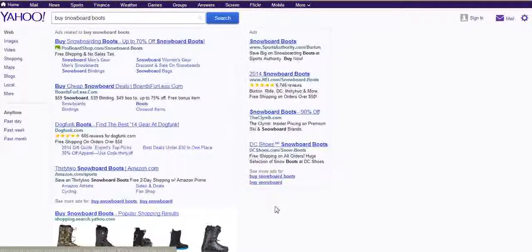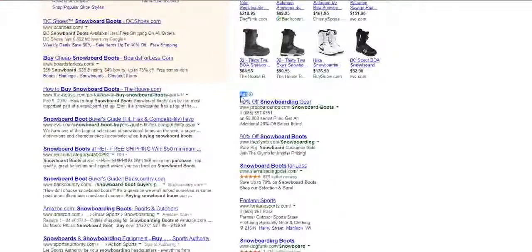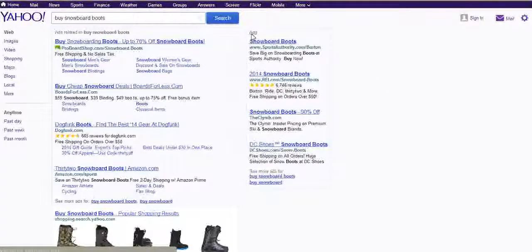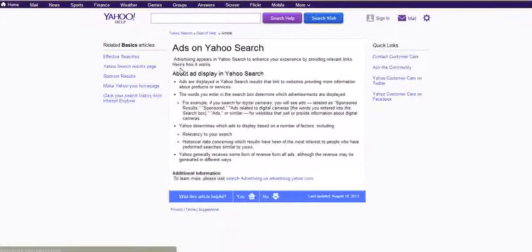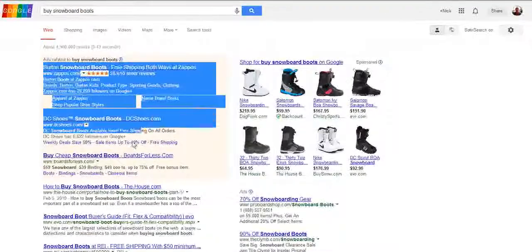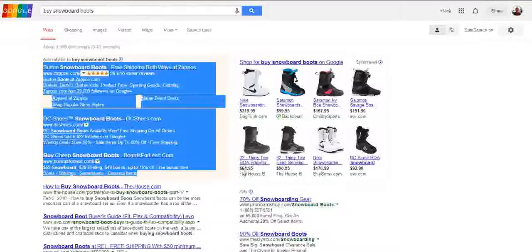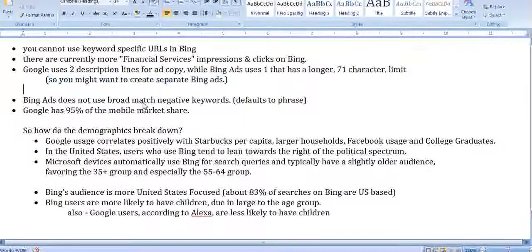It also lets people see more ads for related terms right there. Both have ads here, but I would say it's more obvious on Bing and Yahoo where the ads are to people. Of course, you've got this sort of pinkish yellow background here. Anyways, you can play around with that and see what your ads look like.